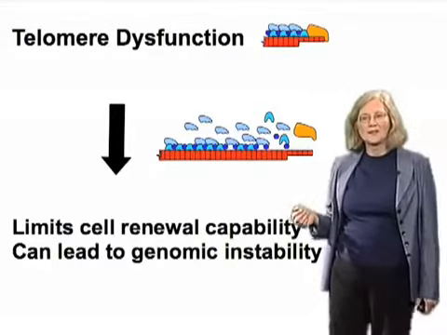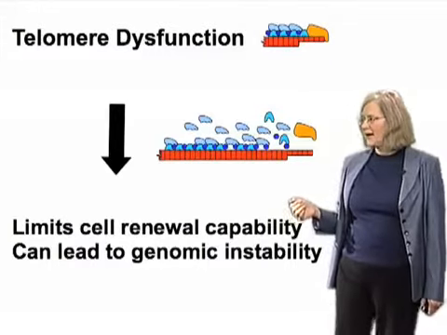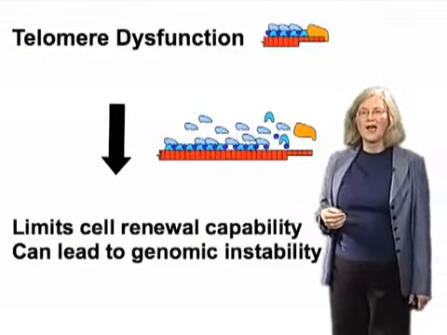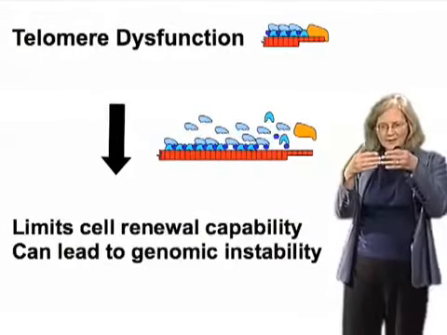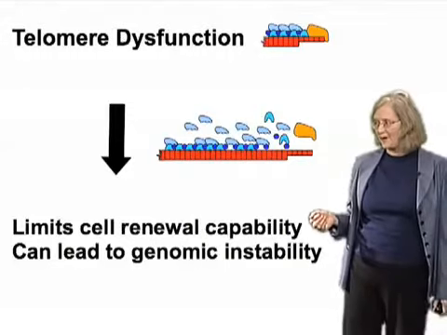If by chance the cell does continue to multiply, now those telomeres become subject to the very kinds of fusions, the DNA joining events that I told you telomeres shouldn't allow to happen.